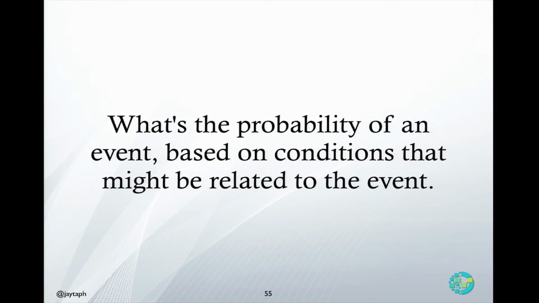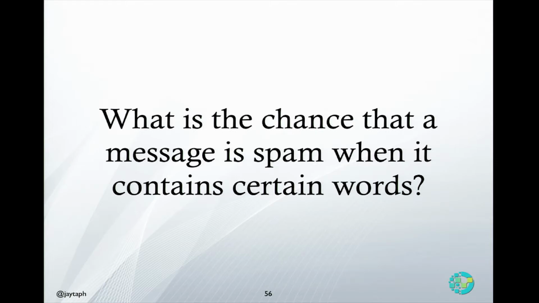Bayesian filtering basically says this: what's the probability of an event based on the conditions that might be related to that event? In other words, what's the chance that an email is spam when it contains certain words? And Bayesian filtering can figure that out.